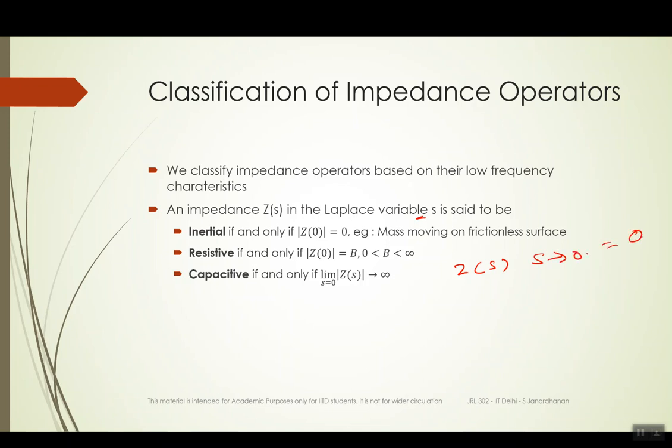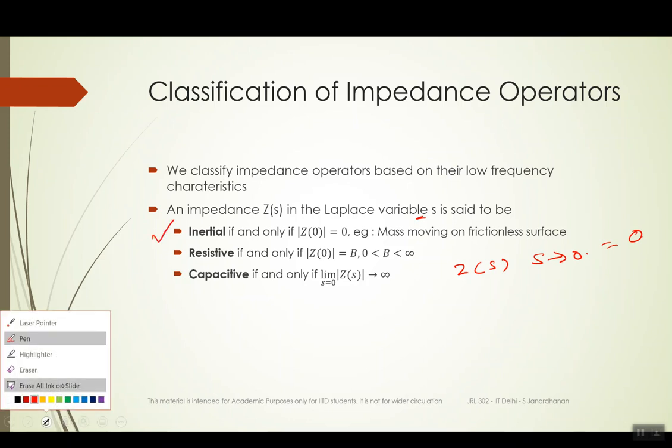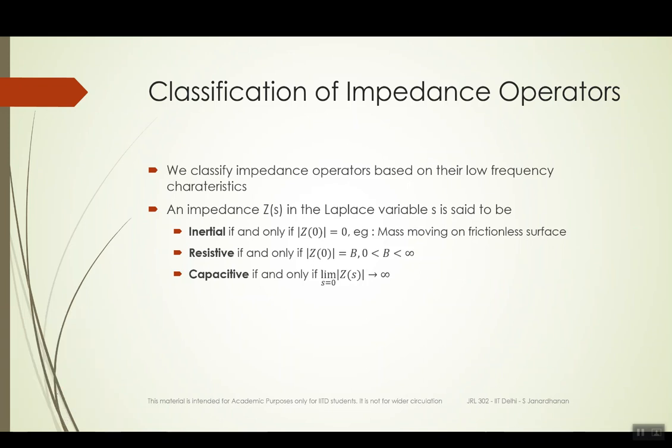Then it is an inertial impedance. On the other hand, if Z of 0 is a finite constant, then it's a resistive impedance operator, and it is said to be capacitive if it becomes infinity as S goes to 0.